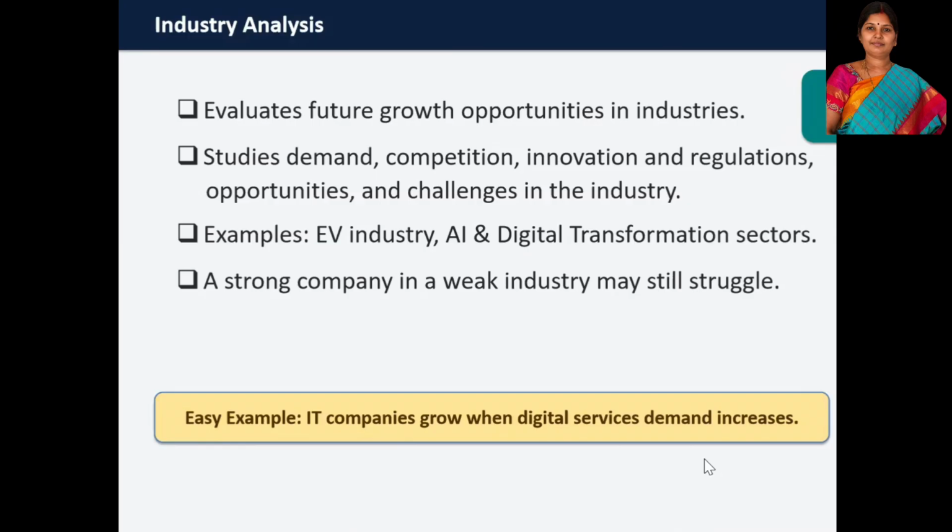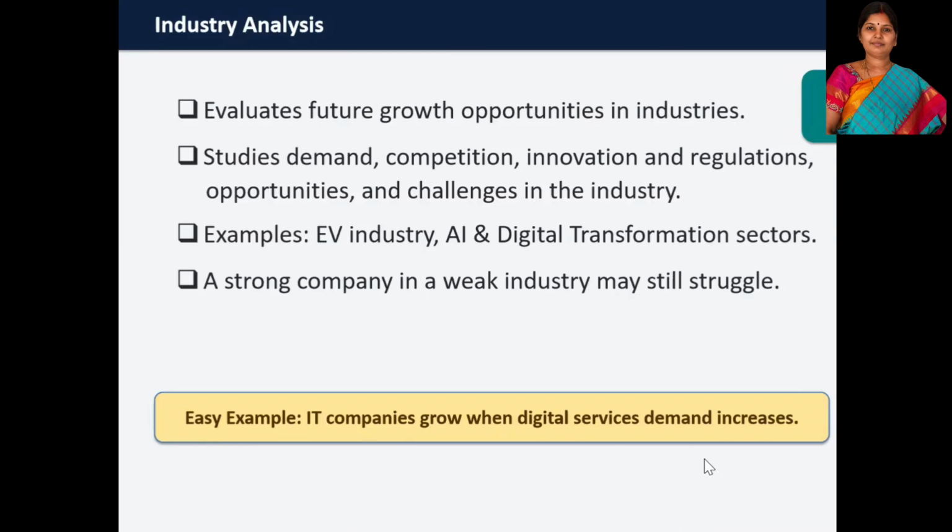So here I would like to give an example. EV industry and AI and digital transformation sectors. Say if there is good scope for renewable energies, then definitely the EV industry will have good growth. Next, if there are good digital services available in the market, then there is a great opportunity for AI and digital transformation sectors.